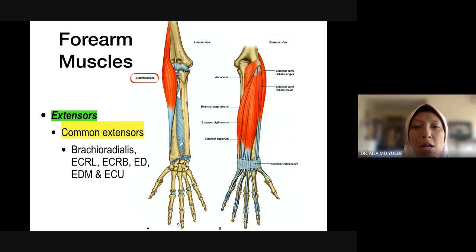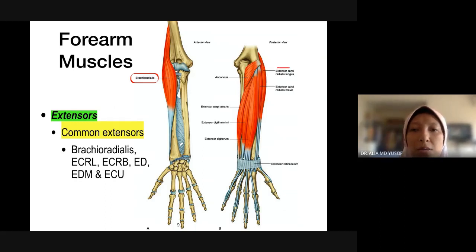The brachioradialis is the only muscle of the common extensor group that arises from the lateral border or anterolateral surface of the distal 1/3 shaft of humerus. Okay.